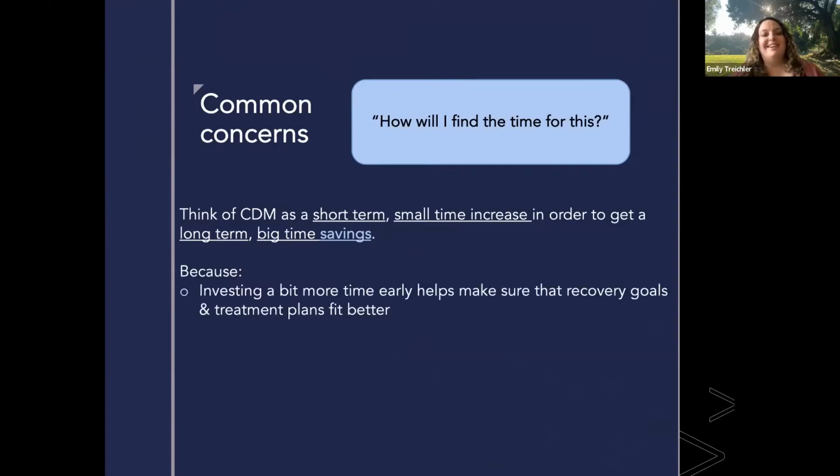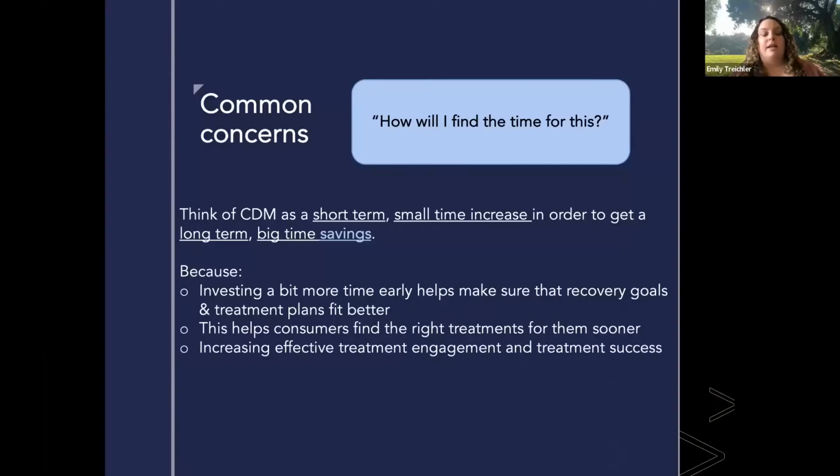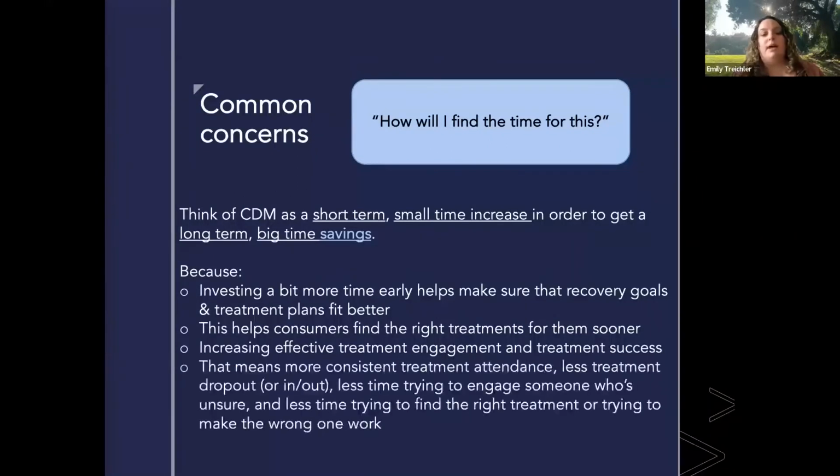time savings, because the more that we invest early in order to make sure that we really understand recovery goals, we really get treatment plans fitting well, we really have clients engaged and they have the right treatments identified for them, we get better treatment engagement, we get sooner treatment success.